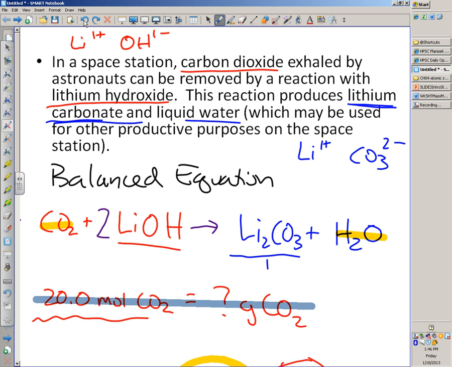You just write them the way that they're written. Oh, sulfite and sulfate are two different things. It depends on what shows up in the formula.